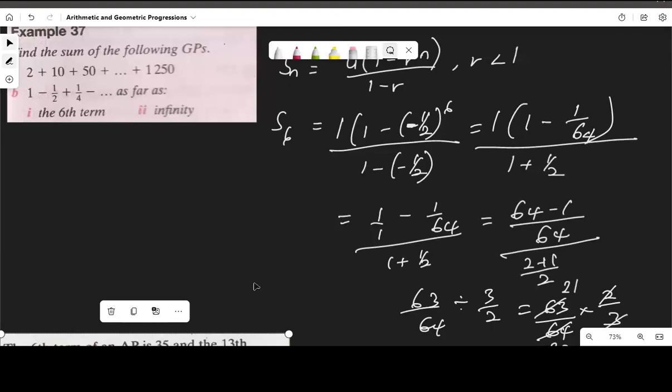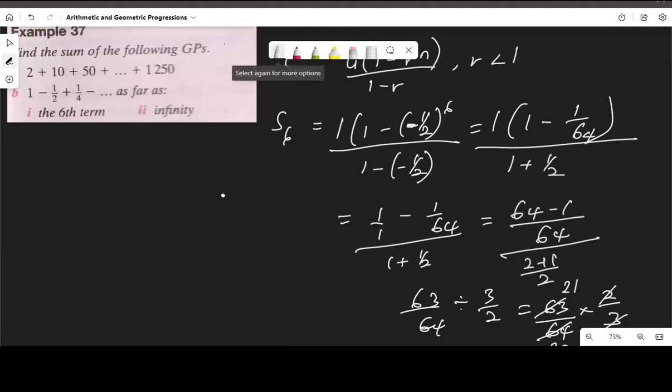And let's move on to the sum to infinity. The sum to infinity of a GP, which is denoted by this, is A over 1 minus R. What is A?